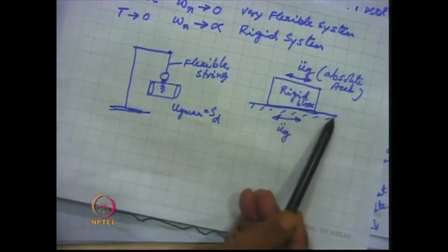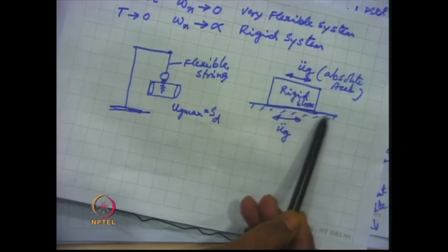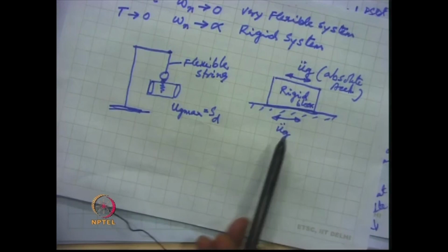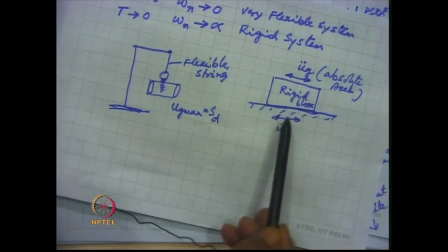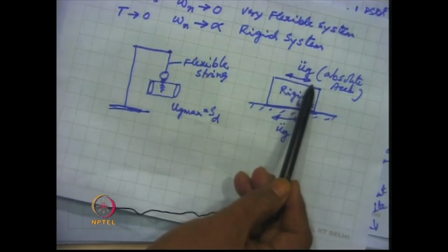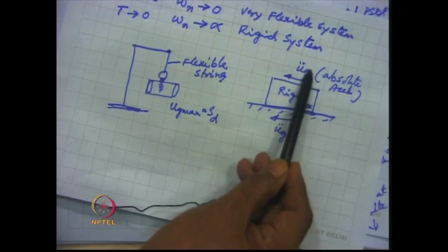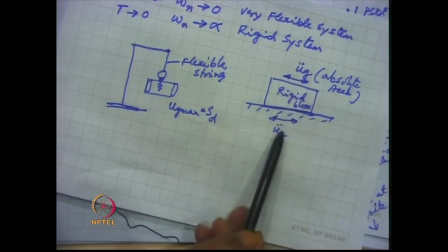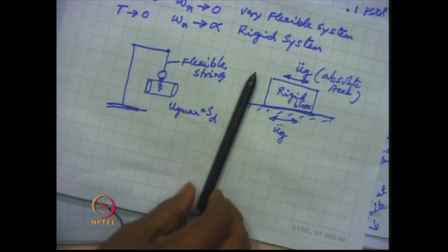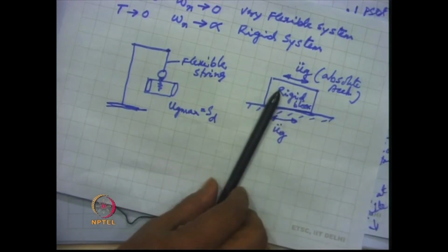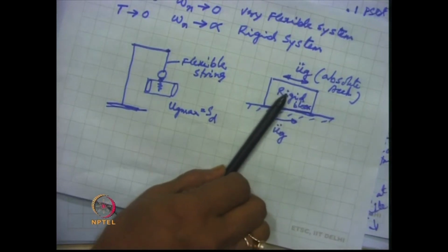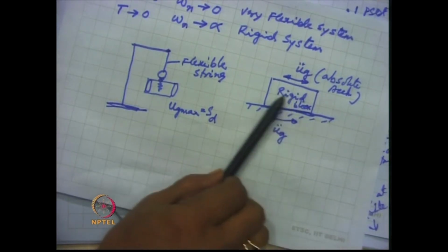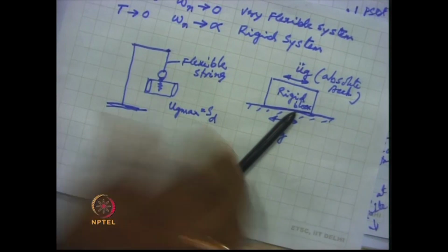The example of this is that we put a rigid block on the ground, and if there is a ground acceleration here, then the acceleration that is passed on to the top of the rigid block is the ground acceleration itself, because this entire rigid block moves along with the ground motion, and there is no relative displacement of the rigid block with respect to the ground, because it is very rigid.